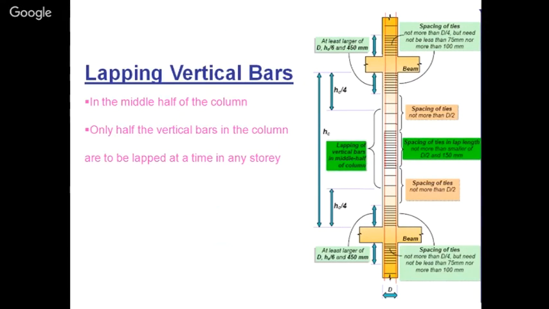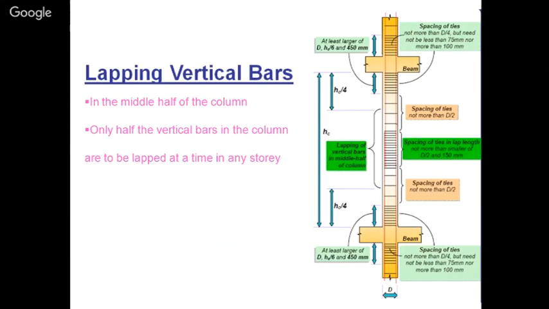Lapping vertical bars. This is the zone as it has been shown here, HC by 4, and at least larger of D, that is HC by 6 and 450 mm. So these are the specifications.